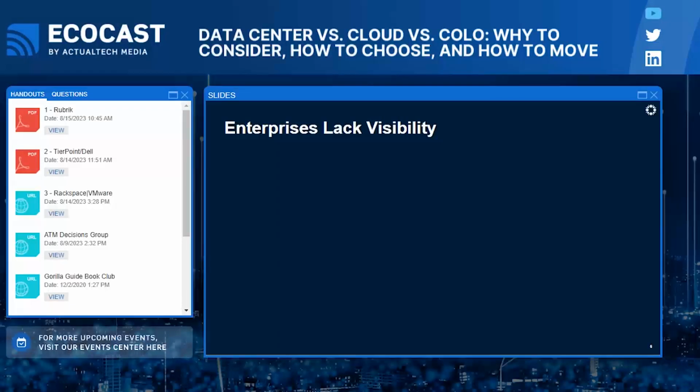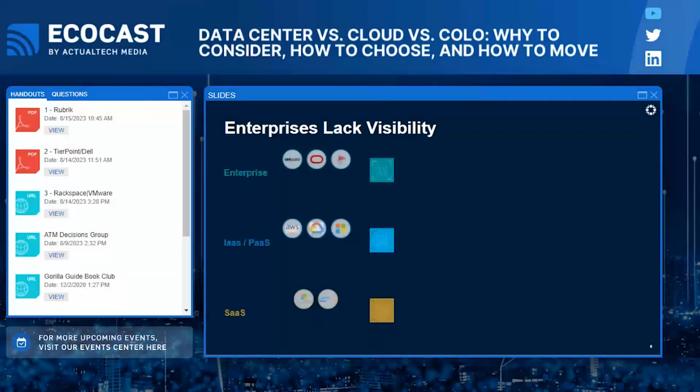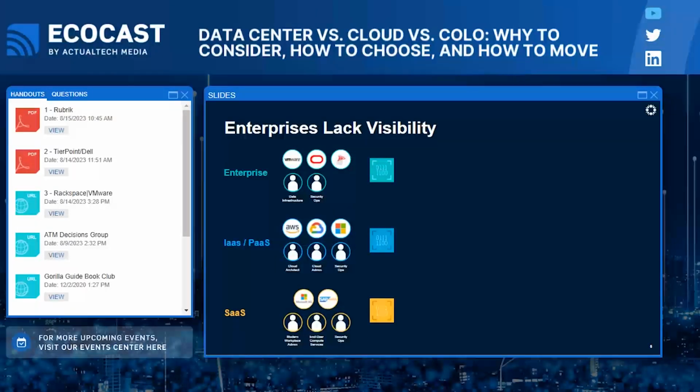So we know at the end of the day that when the data becomes distributed across the enterprise in IaaS and PaaS or in SaaS, there are different personas that manage that data, right? In the enterprise, you might have your typical infrastructure or backup admins. In IaaS and PaaS, you may have cloud architects or cloud admins that are interested in the uptime of the data itself.